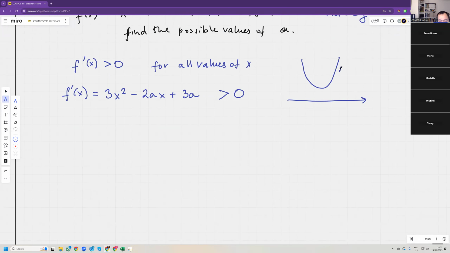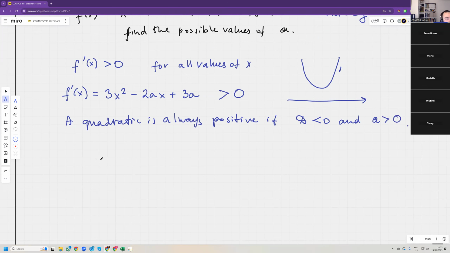So a quadratic is always positive if the discriminant is less than 0 and the leading coefficient is greater than 0, of course. Okay, so we find the discriminant.